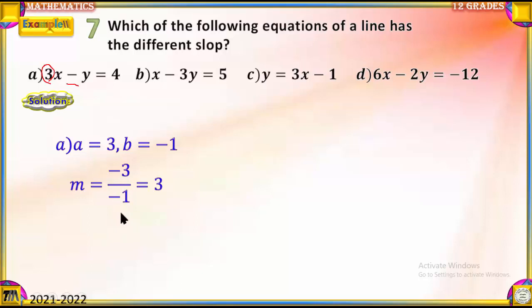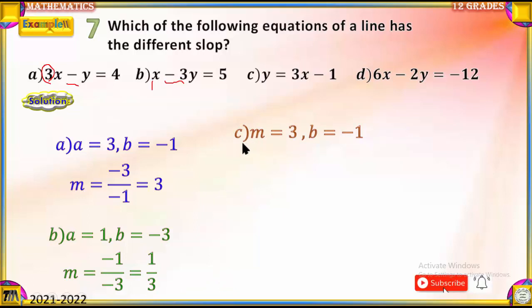Minus 3 over minus 1 is 3. In B, you can see that a is 1 and b is minus 3. Then the slope is equal to minus a, which is 1, over b, which is minus 3, equal to 1 over 3.